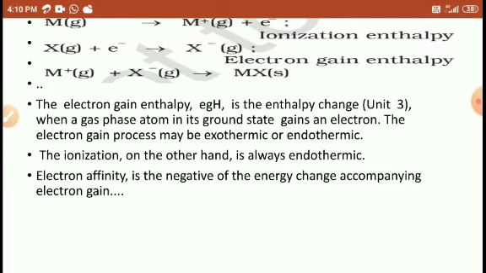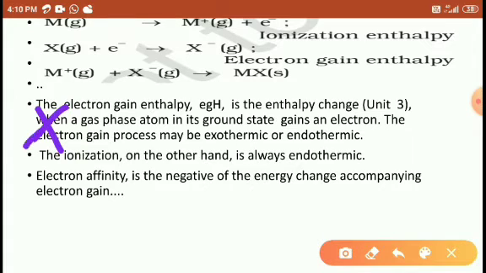When the species try to accept electrons, they may either lose energy or gain energy. Because, students, some species in the periodic table will never accept electrons easily. So for accepting, we have to supply some energy.